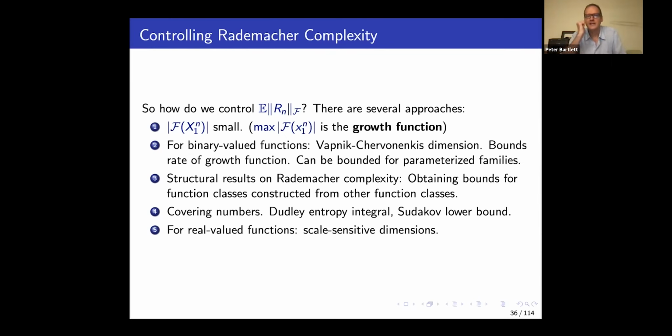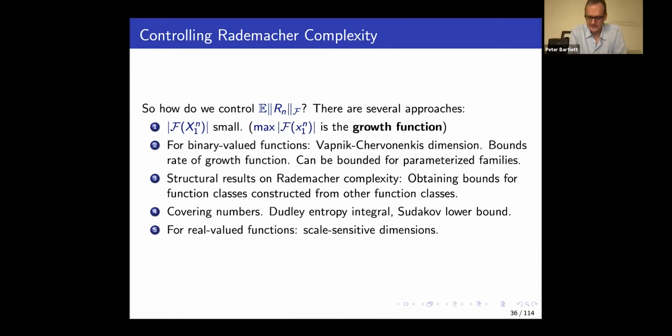So that involves something called a growth function, at least in the binary valued case, but it works more generally than the case of binary valued functions. In that case, there's a combinatorial dimension that characterizes the way this growth function behaves, the Vapnik-Chervonenkis dimension, that gives us a bound on how the size of this set of vectors can grow.